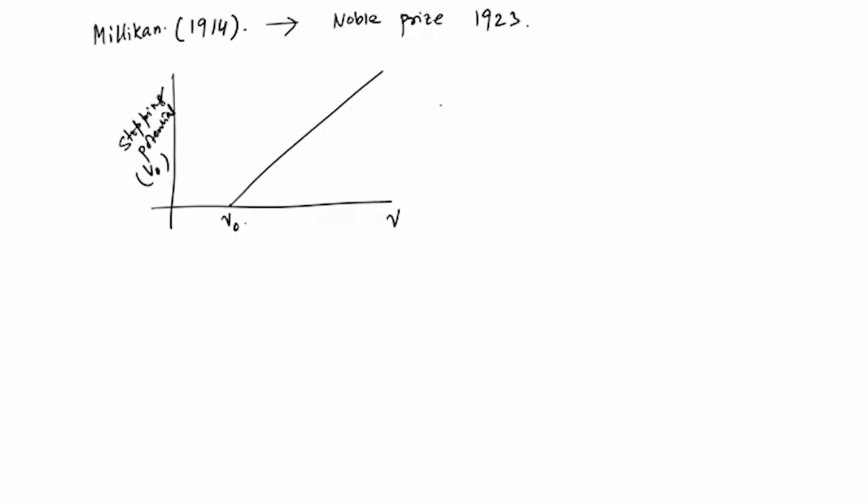He performed this experiment for sodium, where nu 0 was observed to be 5.6 times 10 to the power 14 hertz. This is the V0 versus nu plot, which shows a straight-line behavior, with the stopping potential reaching zero at nu 0. Okay. And this won him the Nobel Prize, and we are asking what the abnormalities are with regard to classical theory, or what cannot be explained with regard to classical theory.